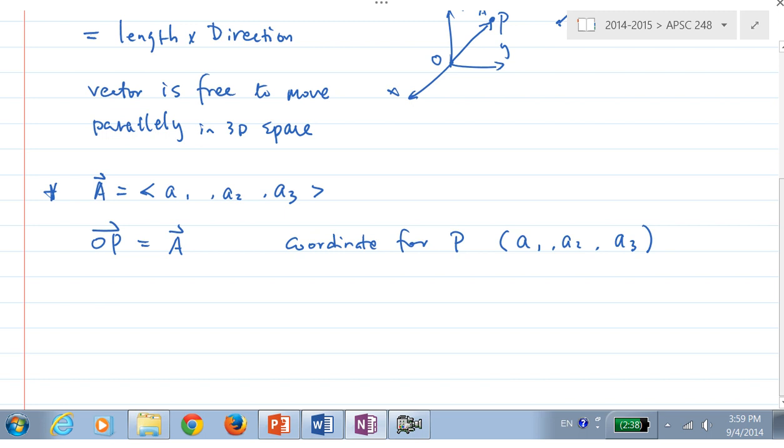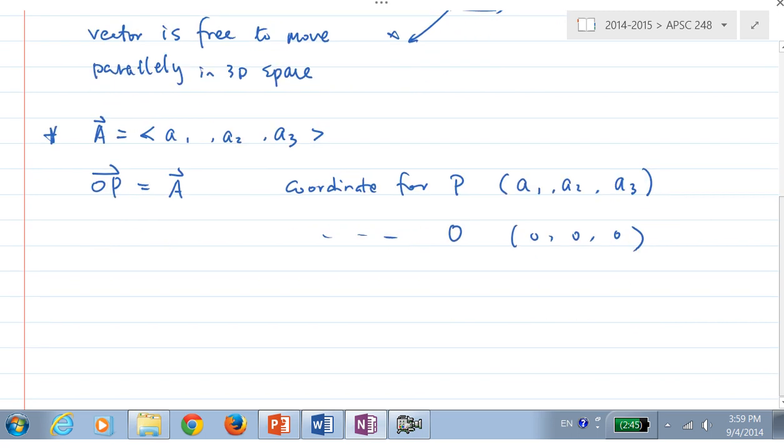So when we write coordinates, I'll use a bracket. But here actually there's a very subtle difference. You might wonder, so why P coordinates and vector? What's the difference between these two? There is a subtle difference. When you write OP, for the origin O, what are the coordinates for origin O? 0, 0, 0, right? So here's basically what you learned in the past.